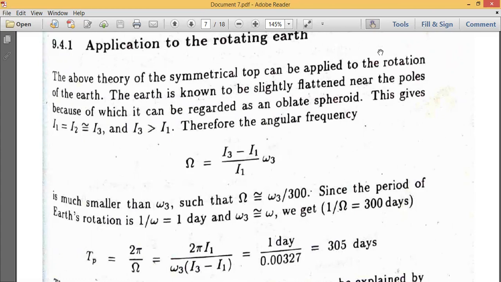Since the period of Earth's rotation, 1 by omega, is equal to 1 day, and omega 3 is approximately equal to omega, we get 1 by sigma equal to 300 days.